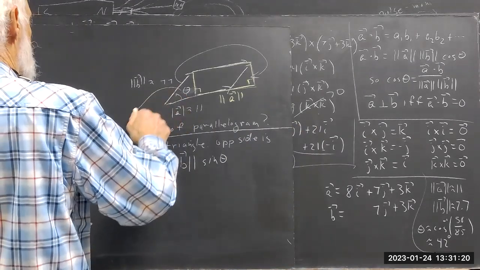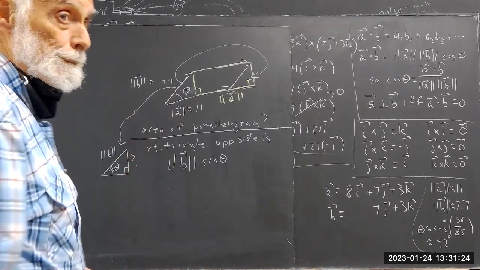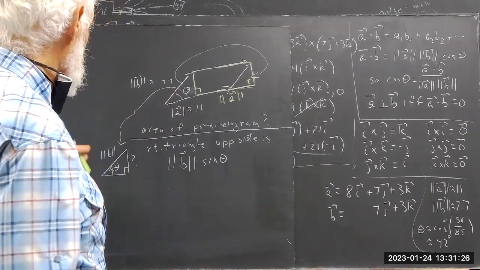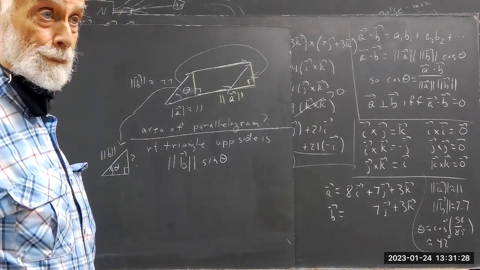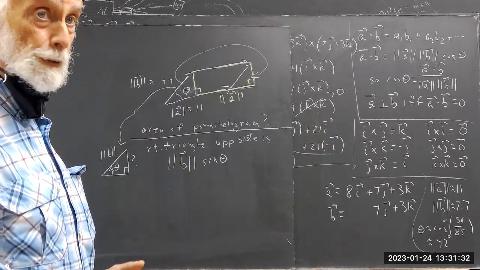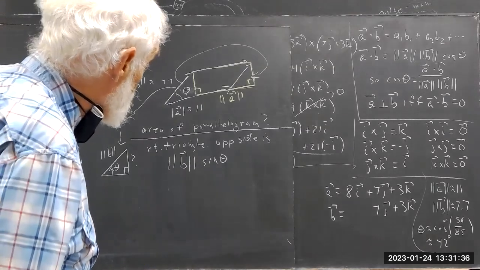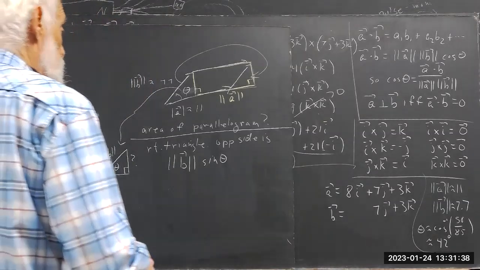Okay, so here's our triangle. We want to find this. And it's simply magnitude of B sine theta. All these relationships with right angles ought to be second nature, and right triangles. Okay, so it's magnitude of B sine theta.